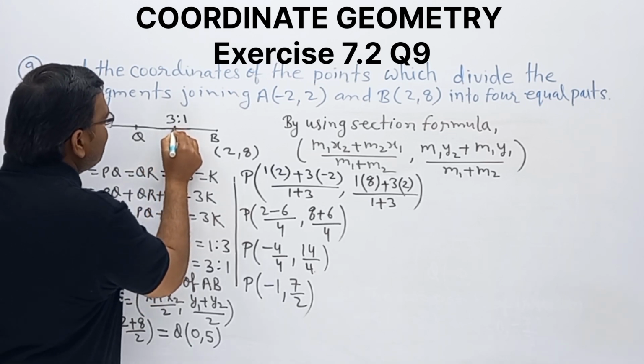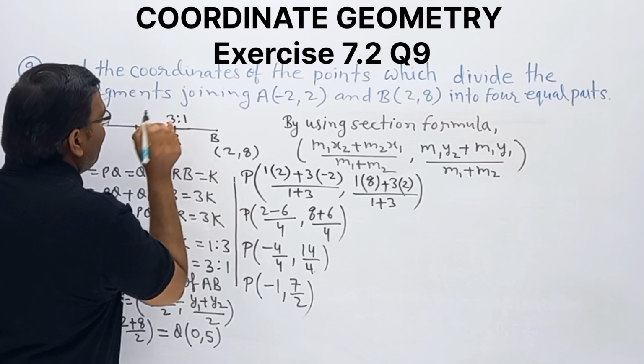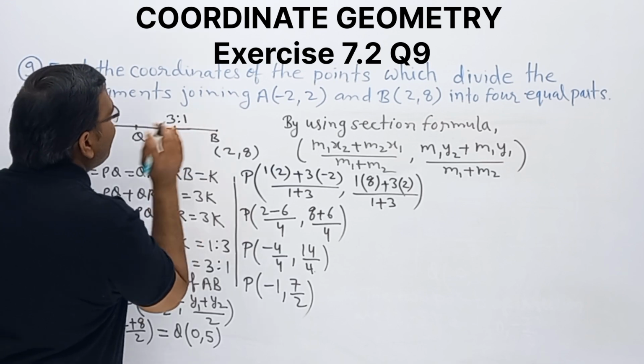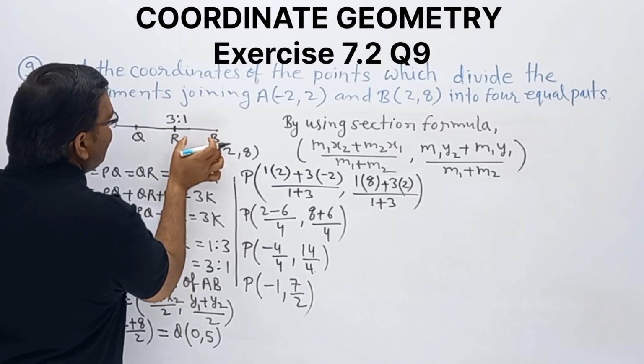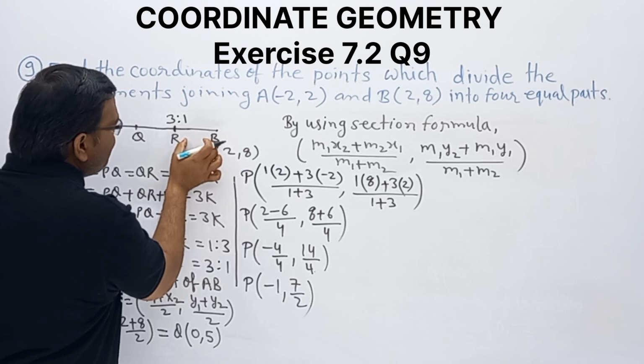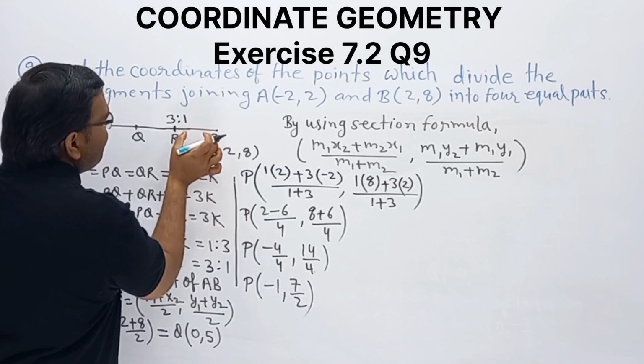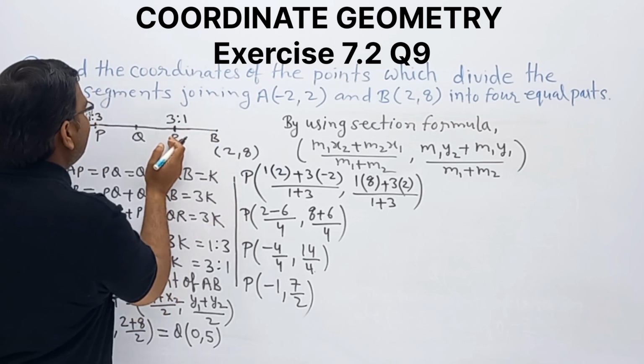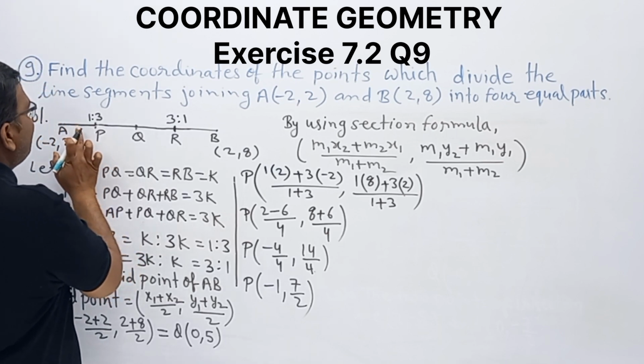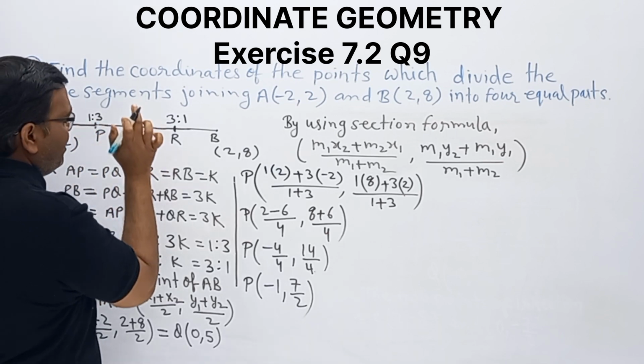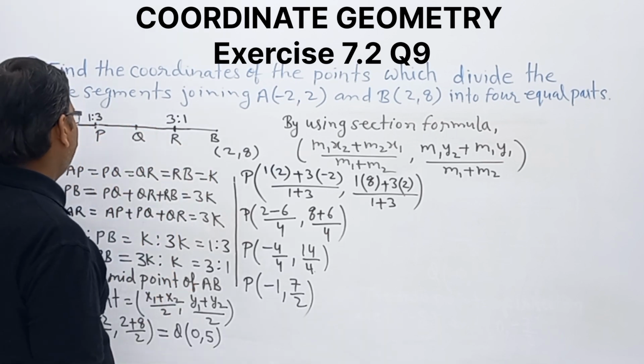We want the coordinates of R. On its right side we have RB, whose value we assumed is K, and on the left-hand side we have K plus K plus K, which is 3K.